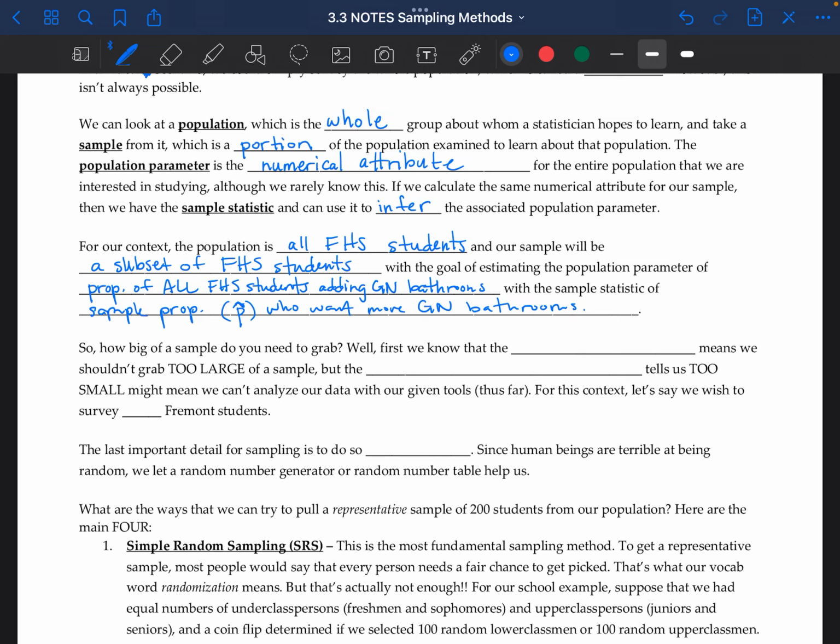And so again, I think it's fair to say that whatever sample we do grab, even with the best intentions and we do a really good job and follow the rules, I'm going to have a hard time saying that the sample's proportion is a perfect reflection of the whole population, because there's sampling variability.